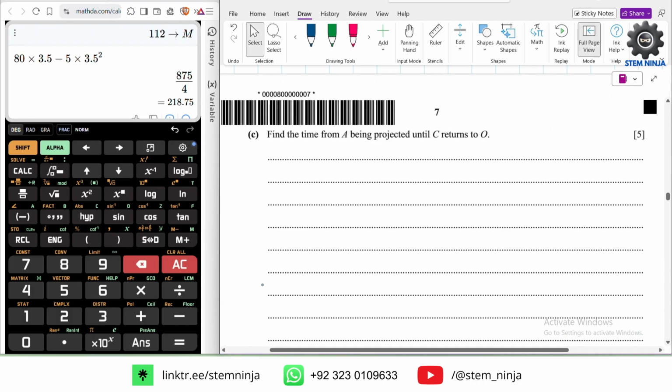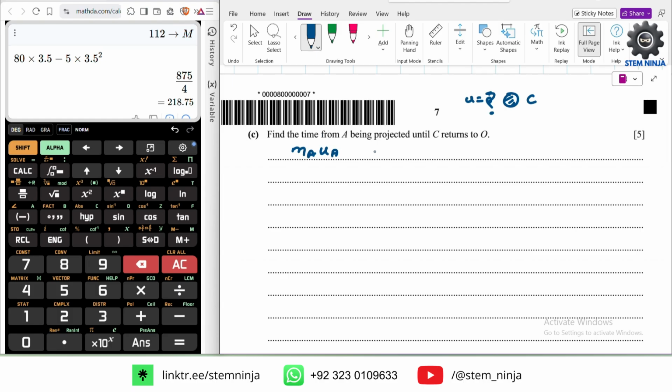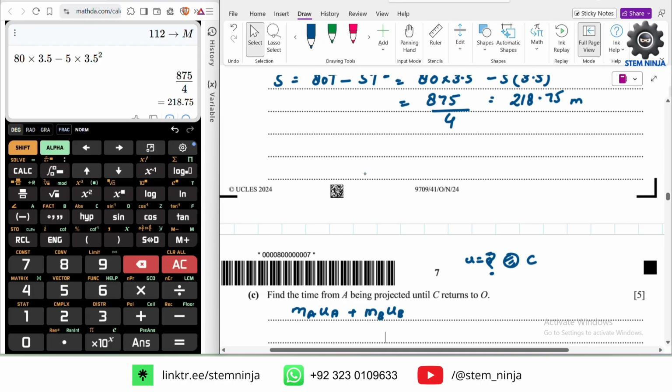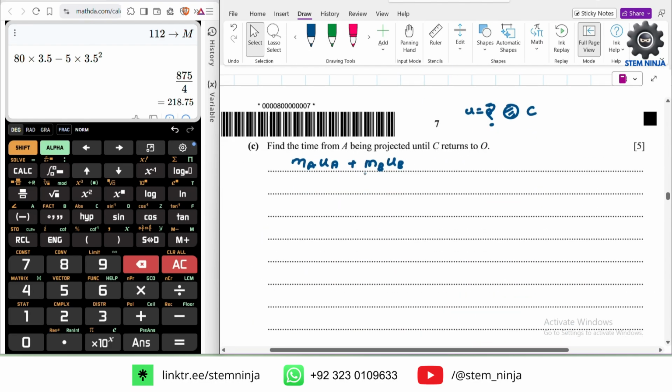Find the time from A being projected until C returns to O. Basically we need to figure out what velocity C has when it's first created, when C is made from A and B. So we need to use the principle of conservation of momentum: MA UA plus MB UB equals MC VC.